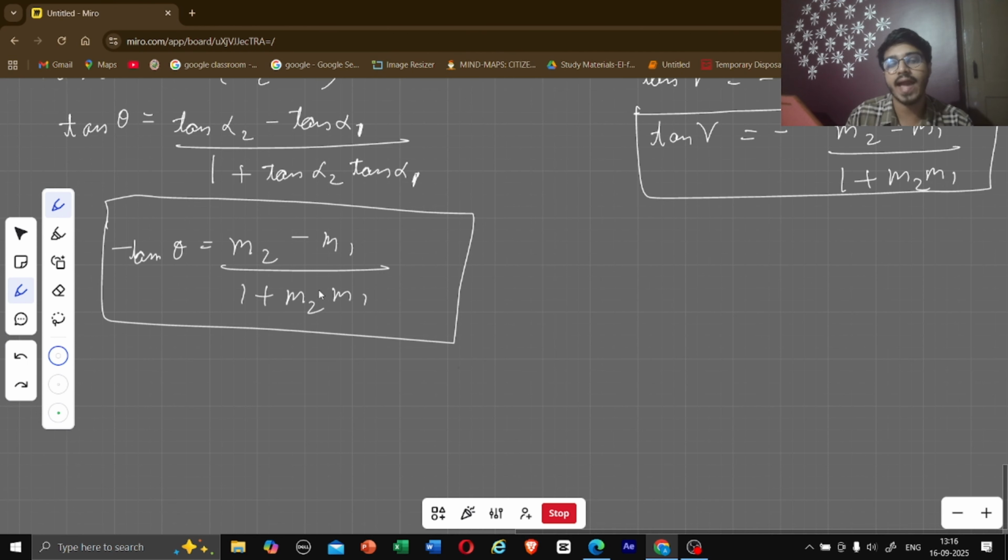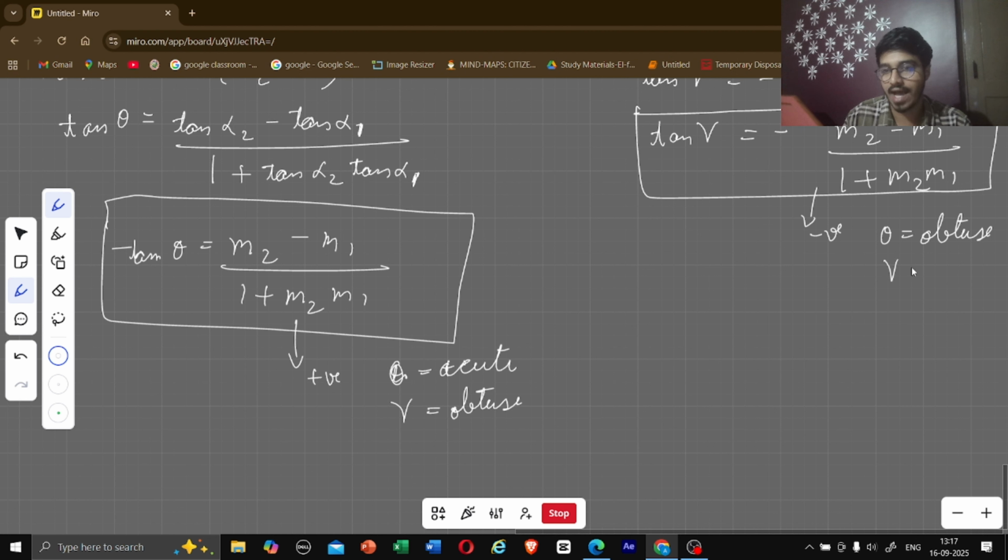When you find out the angle from this formula and you obtain the answer as positive, then tan theta will be positive, theta will be acute and gamma will be obtuse. Similarly, if the answer is negative, then theta is an obtuse angle and gamma is an acute angle.